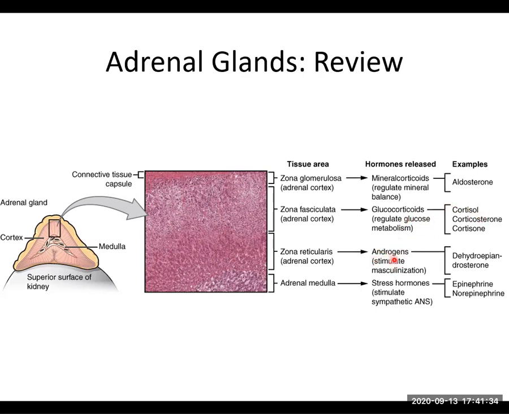The major one for the androgen is the DHEA. This is in the cortex. In the medulla, it produces the catecholamine, and that basically is part of the sympathetic autonomic nervous system. And all these hormones are regulated by stress. If it's acute, the sympathetic will be active. If it's chronic, the corticosteroid hormone will be activated. So that's the adrenal glands.